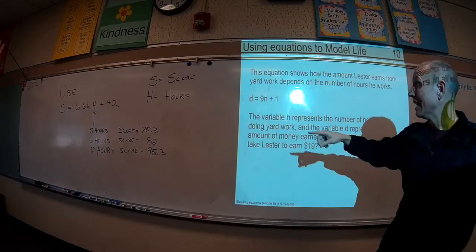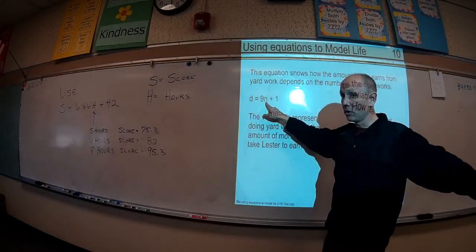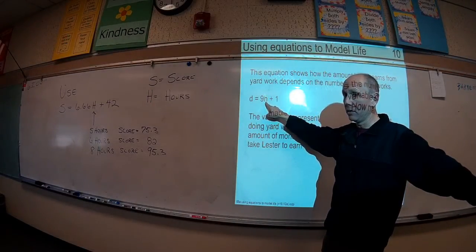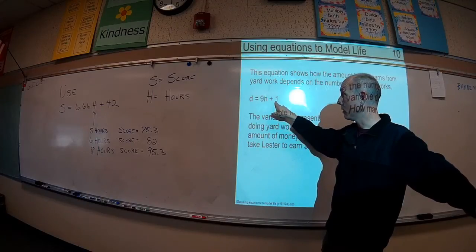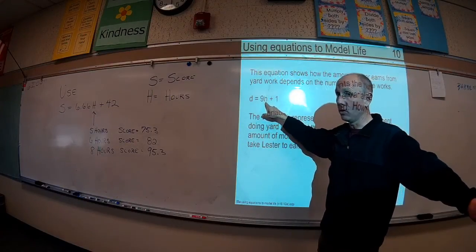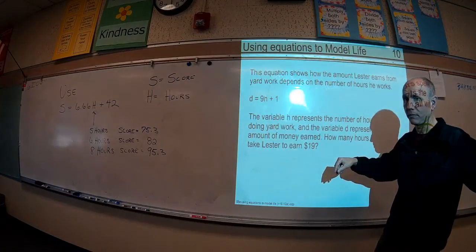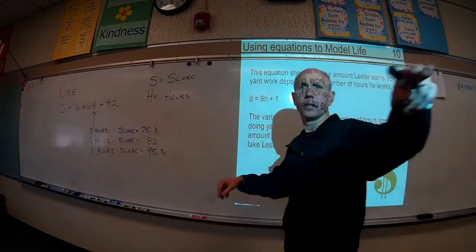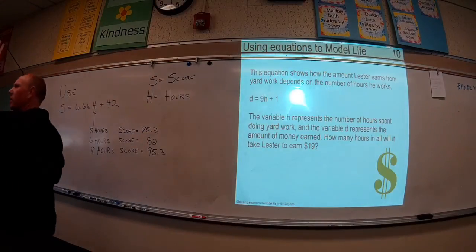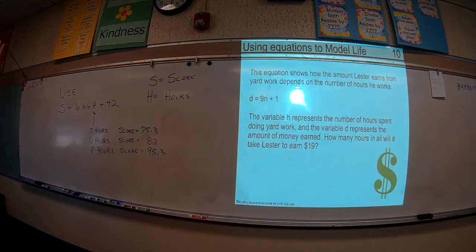That's what you're saying. If I work for 9 hours, so 9 times 9 is 81 plus 2. If I work for 9 hours, I'm going to earn $19. So to earn $19, I have to work 192 hours.